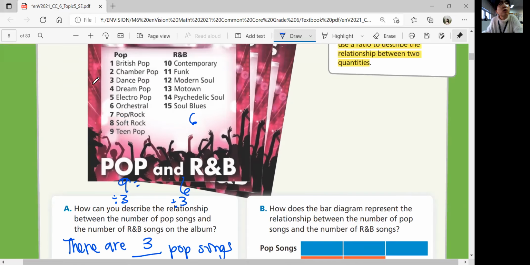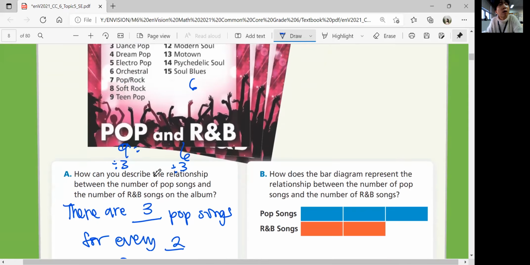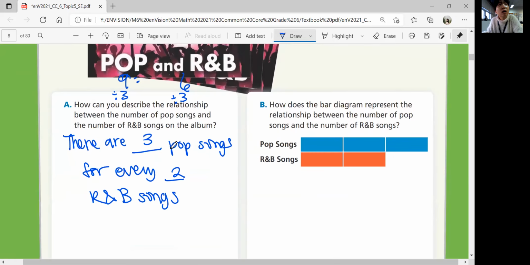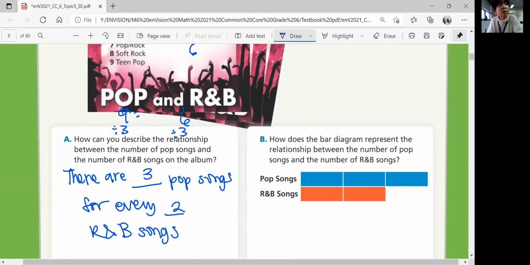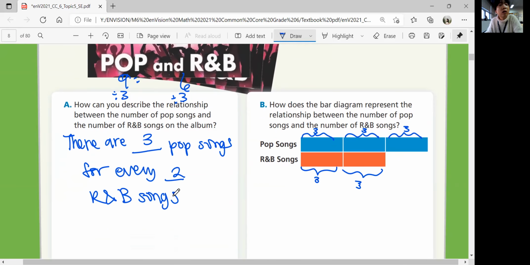But how many total are there? We have 9 total pop songs and 6 total R&B songs. So each bar represents how many for pop songs? 3. So 3 times 3 would be 9. 3 times 2 would be 6, right? So each section represents 3 songs.